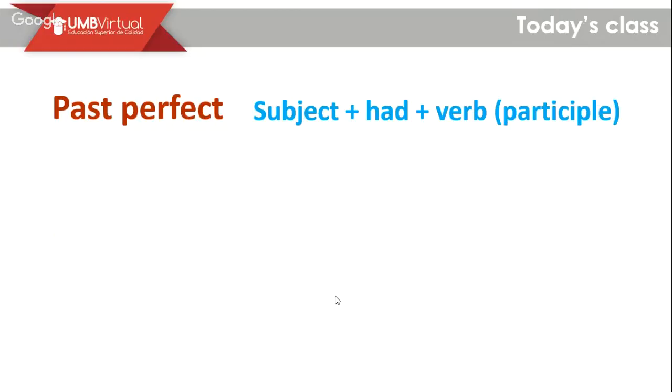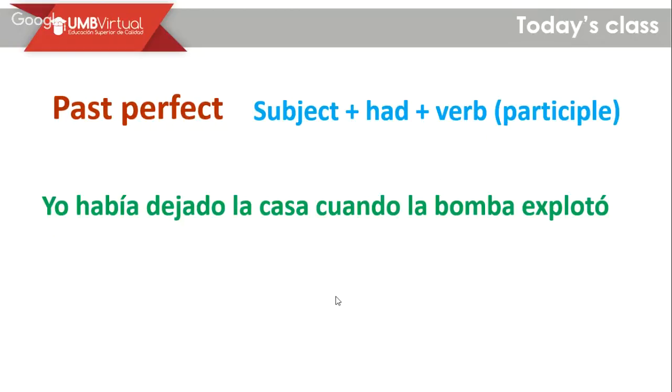So to form sentences in past perfect, you need a subject, you need had, the auxiliary verb, and then you need the verb in the participle tense. Let's look at this example. Yo había dejado la casa cuando la bomba explotó.